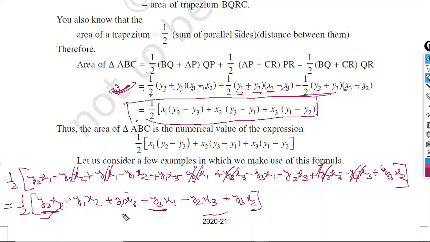So we'll write it like this: equal to 1 by 2, y2 x1 minus y3 x1.